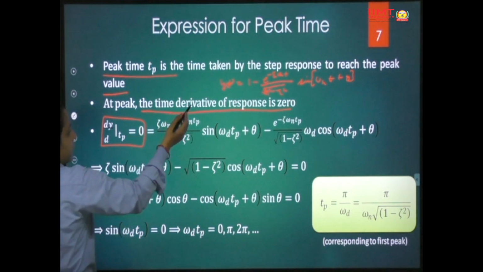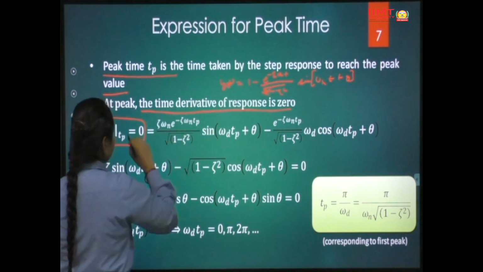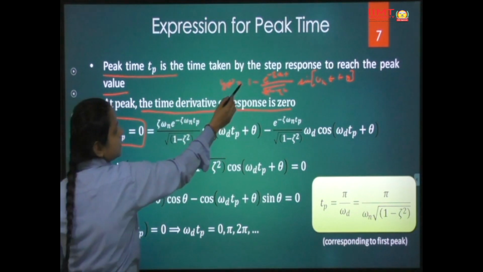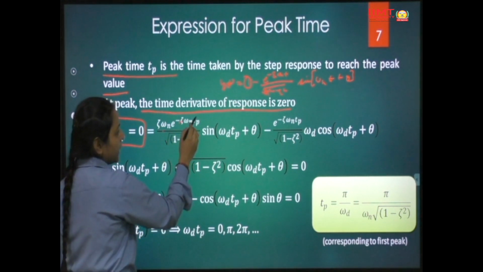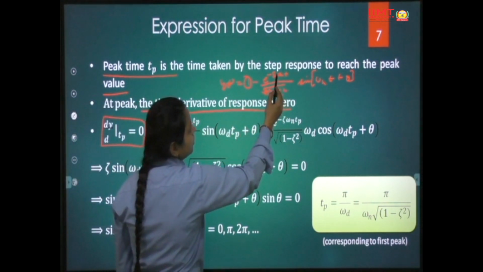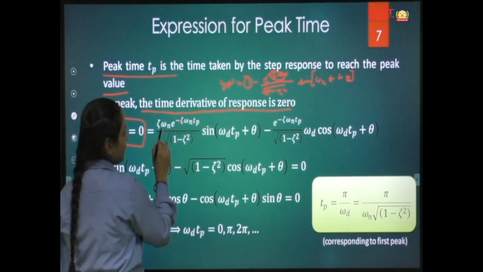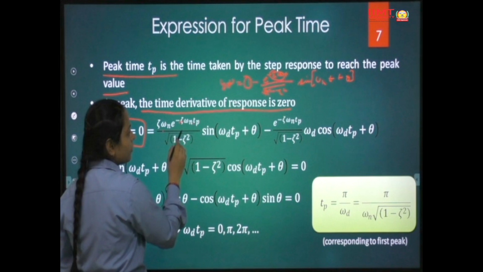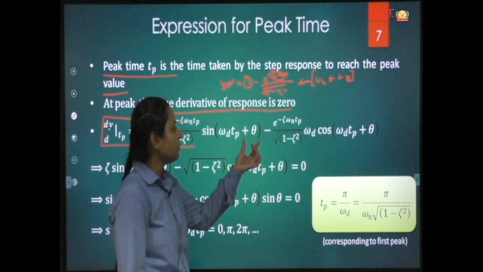So when we differentiate with respect to t, we get dy by dt is equal to, this term would become 0 and this would be zeta omega_n e to the power minus zeta omega_n Tp. Okay, so this term has minus zeta omega_n, and this minus would become plus. So zeta omega_n e to the power minus zeta omega_n Tp upon under root 1 minus zeta square sin(omega_d Tp plus theta).